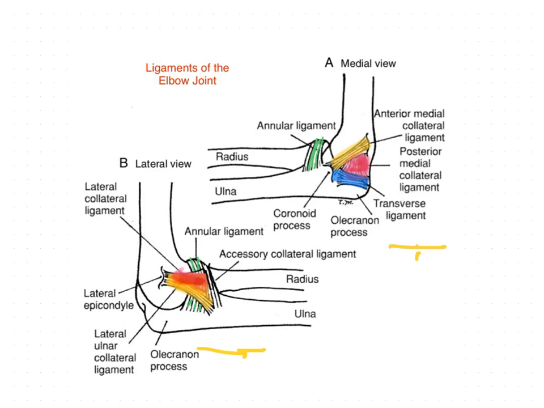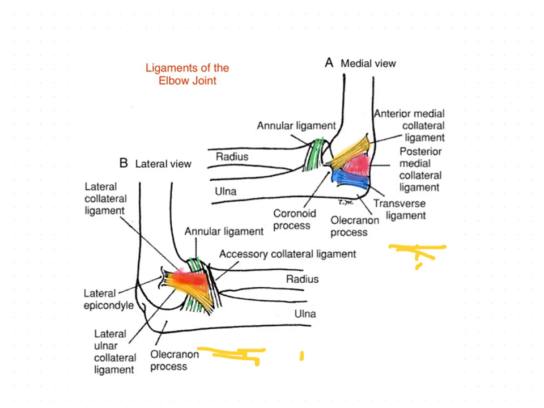So the elbow joint is a hinge variety of joint. Normally hinge variety joints have collateral ligaments, and the same way this elbow joint also has collateral ligaments, located on the medial side and the lateral side, which provide medial and lateral stability and keep the joint surfaces in contact.